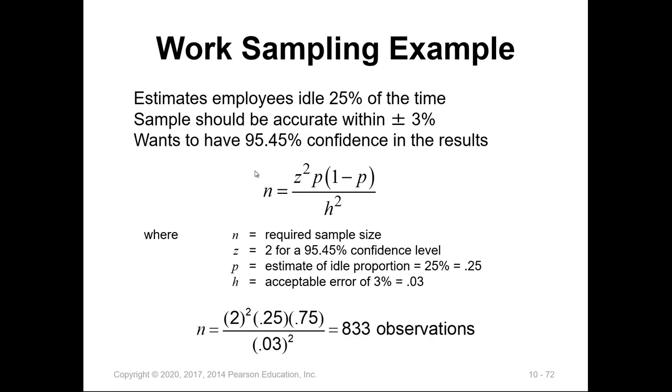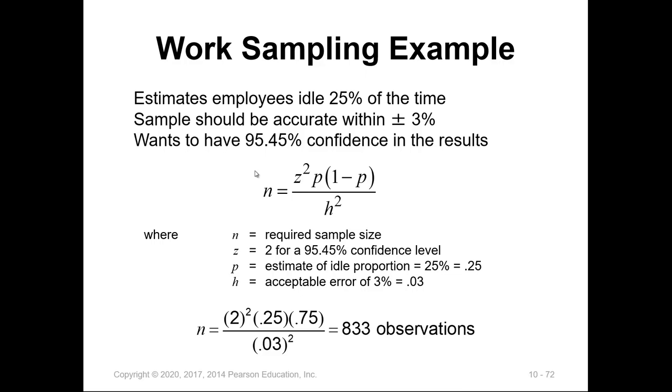In this example, the manager would like to determine the sample size to measure employee idle time. The estimated employee idle time is 25% of the time. The sample should be accurate within plus or minus 3%. We want to have 95.45% confidence in the results.